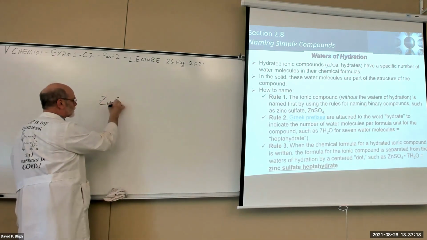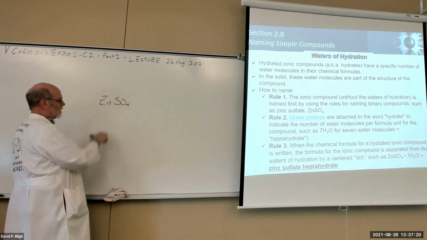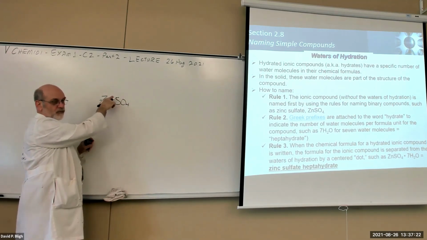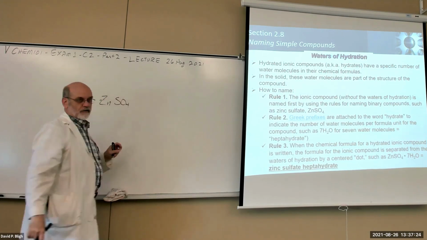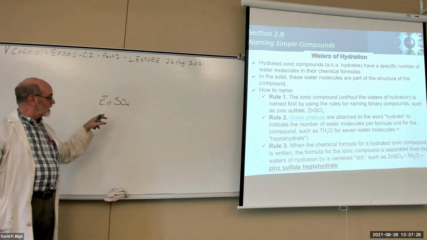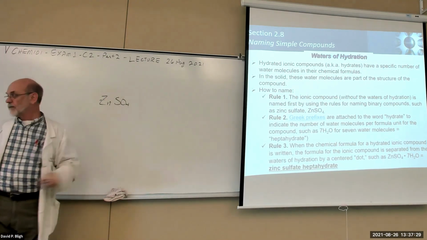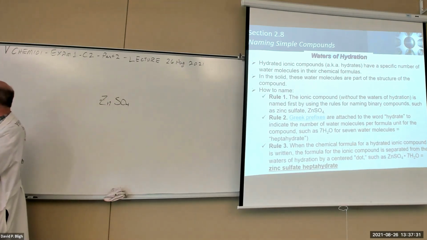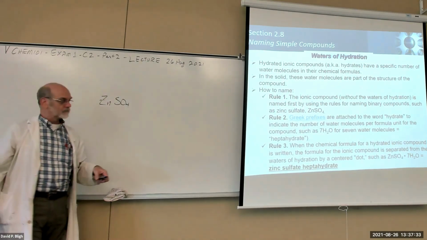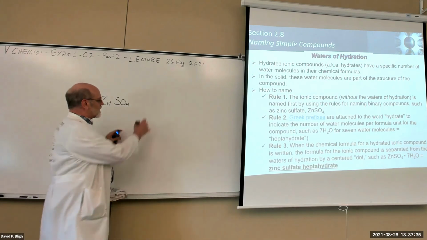Okay, so we know zinc sulfate looks like this, right? Zinc is a 2 plus, sulfate is a 2 minus, and we only have to say zinc sulfate. Why? Because it's fixed charge, like I said before. But it's going to have 7 waters with it.